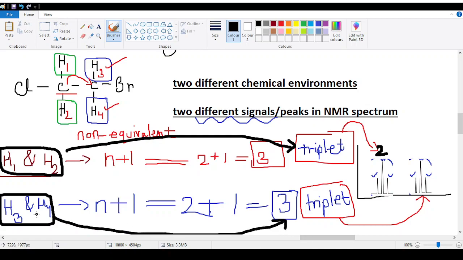Two again. Now, if you do the ratio, 2 is to 2 becomes 1 is to 1, because if you divide 2 by 2, it becomes 1. So here we can be pretty confident that the peaks will have the same height, because the number of hydrogens responsible for them was equal in the two scenarios. Is that fine? Yes. Okay.